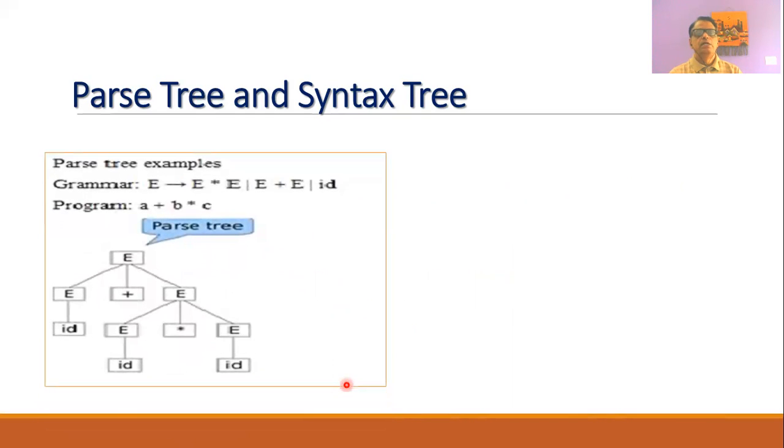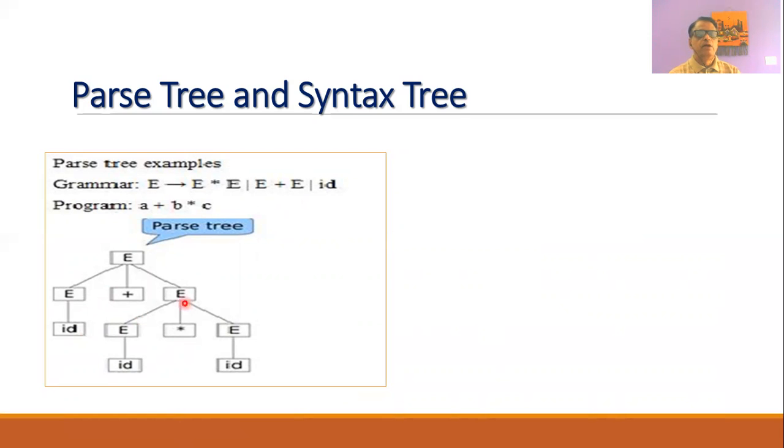One can easily understand the difference between the parse tree and the syntax tree with a suitable example. Suppose we have been given a grammar where the expression E is defined as E star E, or E plus E, or ID. And suppose our input string is A plus B star C. Then we can construct the parse tree by starting with the start symbol E. Then E can be defined as E plus E, where E can be further derived by ID.